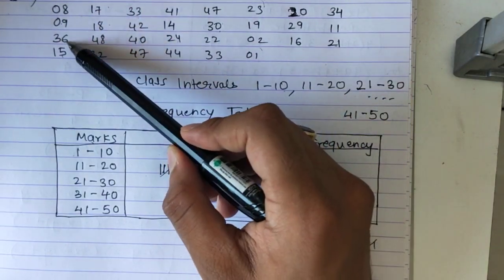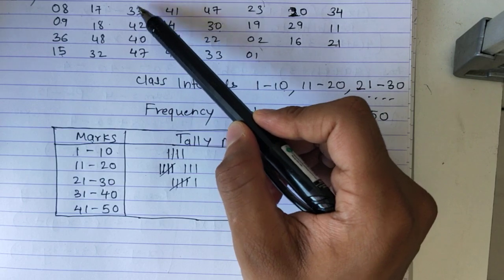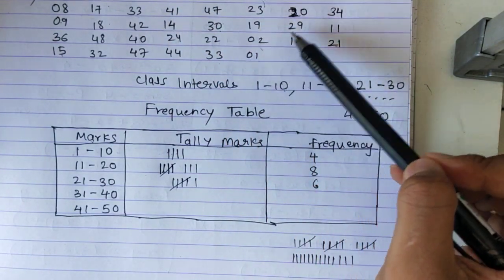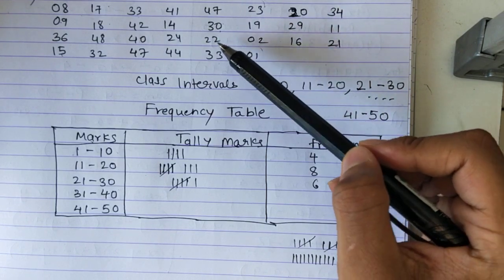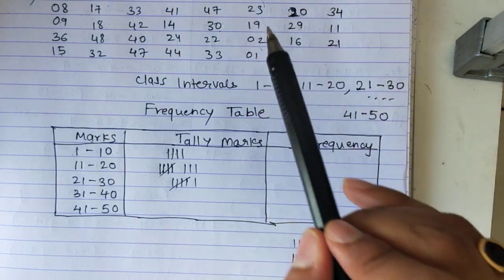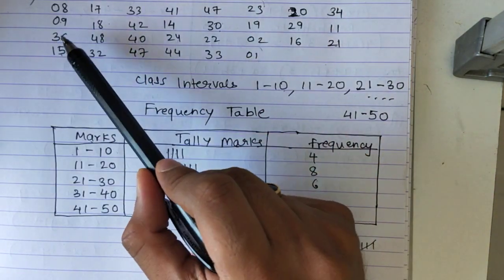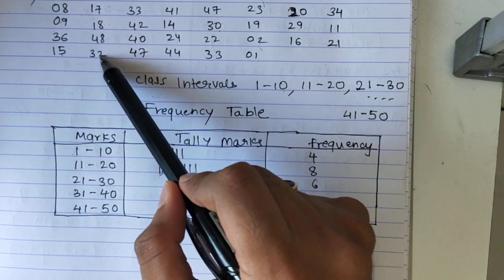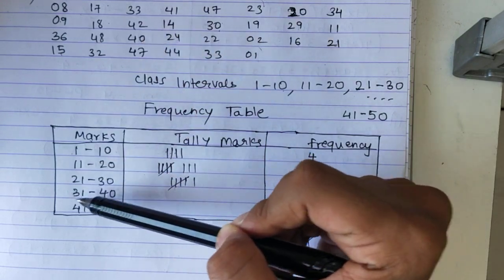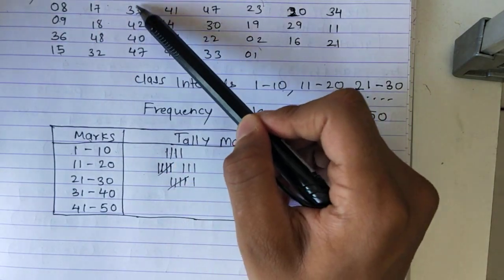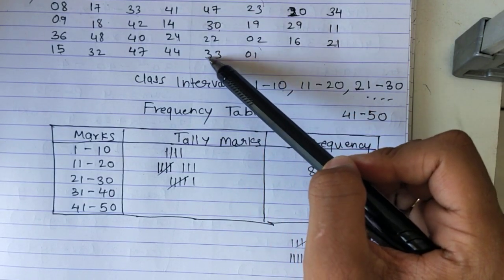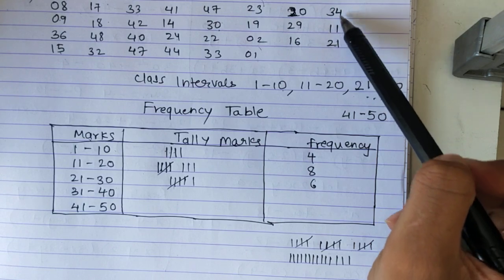1, 2, 3, 4. Wait, even I am counting. 1, 2, 3, 40 will also come, because it is 31 to 40. 1 2 3 4 5 6.